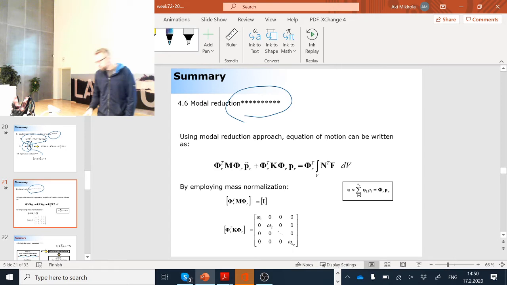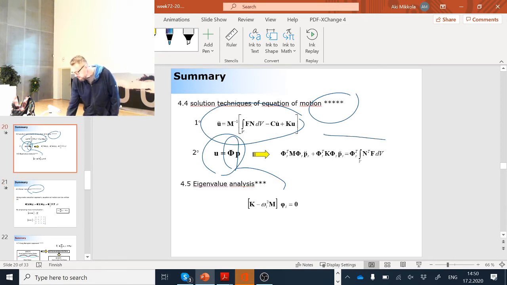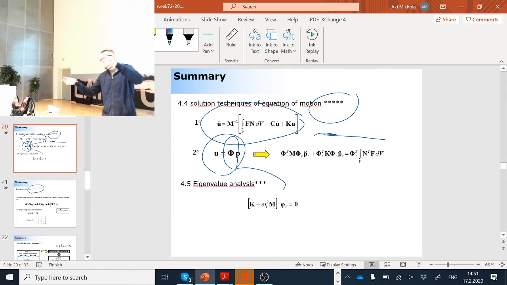The story in the beginning is this. You realize that this is difficult to solve because of the dimensions, so you want to reduce the size. You reduce the size by moving from nodal coordinates to modal coordinates. These two sets of coordinates are related because of assumed deformation. Assumed deformation you can get in many ways. One way is eigenvalue analysis, telling you the properties of your structure.